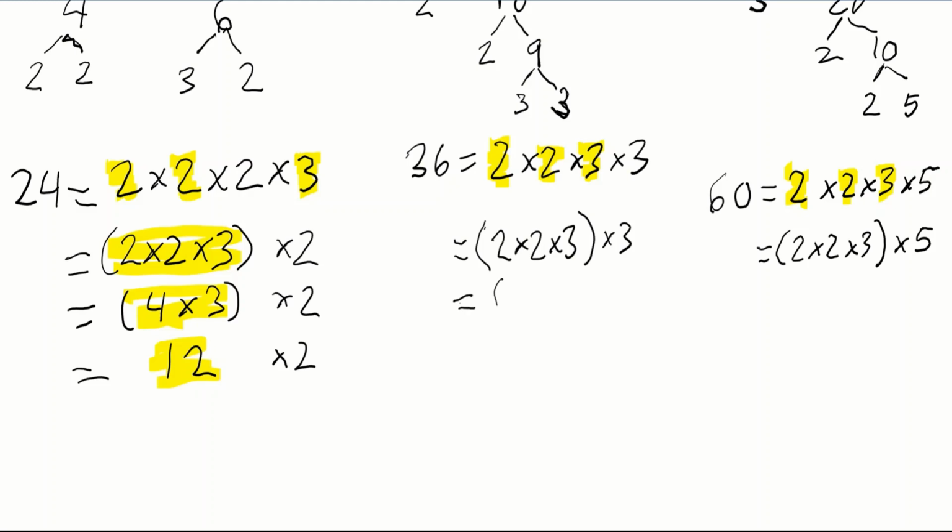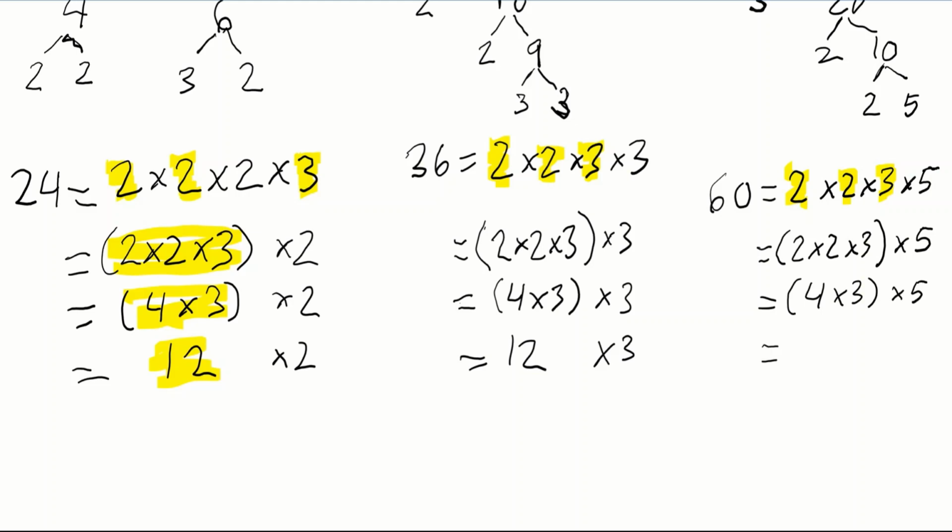Meaning that we have 12 as our greatest common factor among these three numbers, since it includes the largest number of prime numbers from our prime factorization.